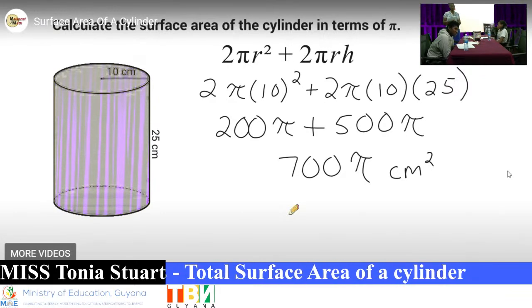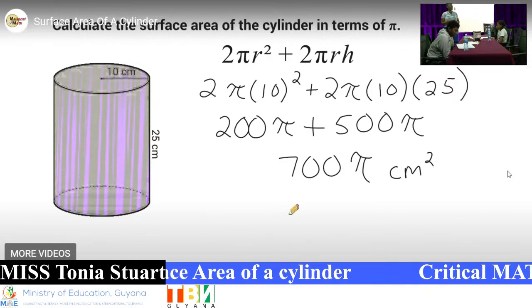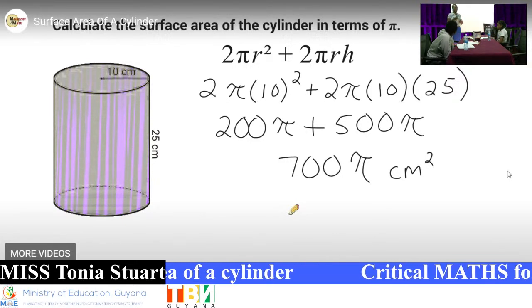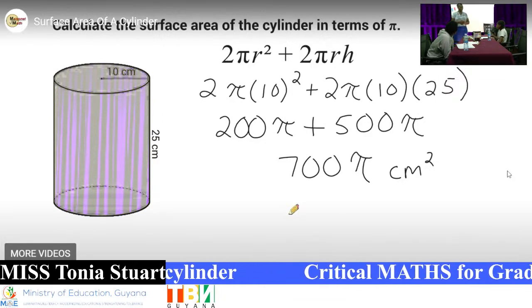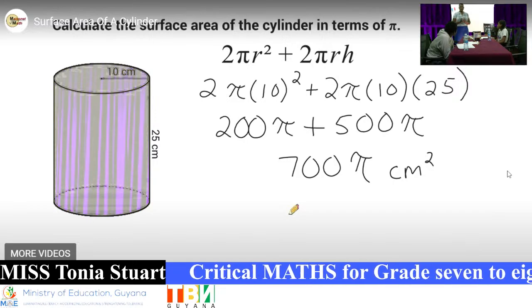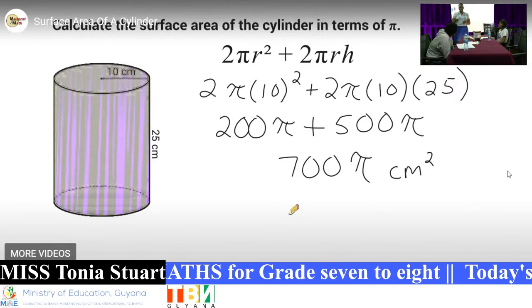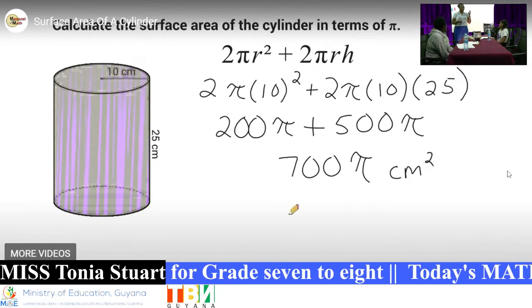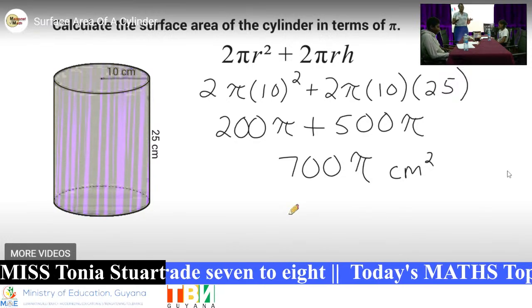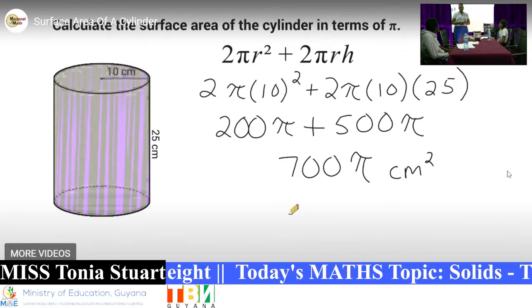Look at the pi r squares that you had and explain to me how you think they got the 2 in front of the pi r square. Yes. Because you're looking for both of the circles. 2 circles. So instead of looking for the area of one circle and the area of the other circle, you look for the area of 2 circles because the circles are the same. Right? So we just multiply it by 2.